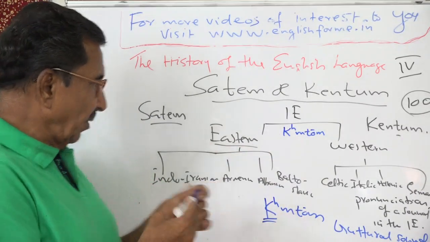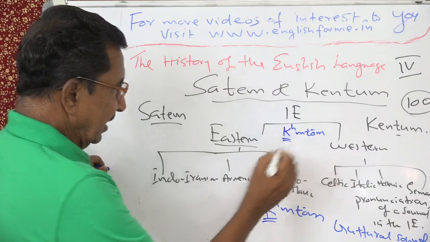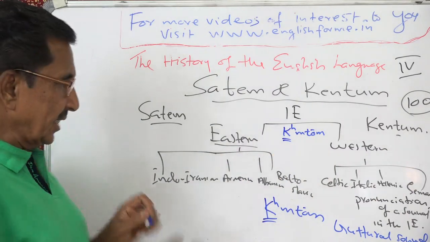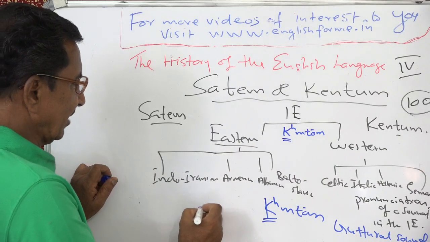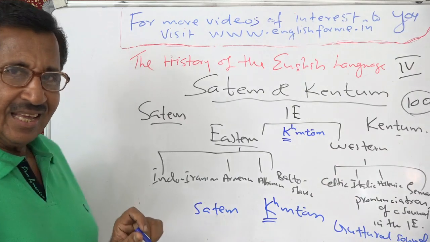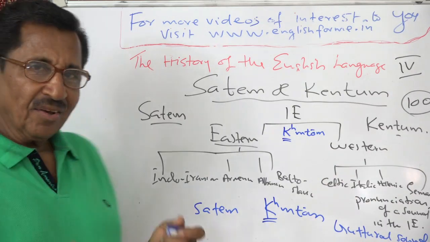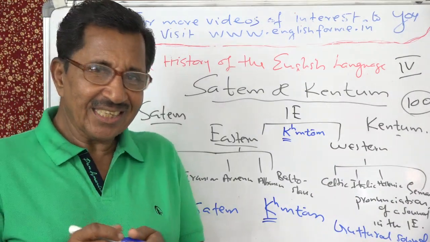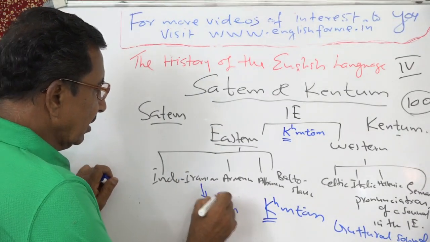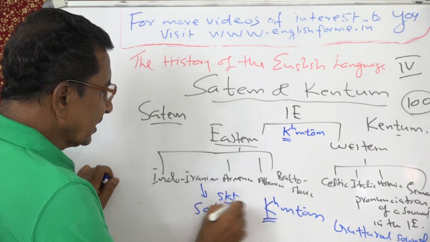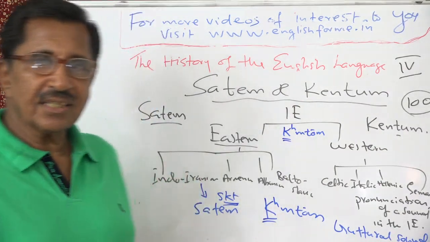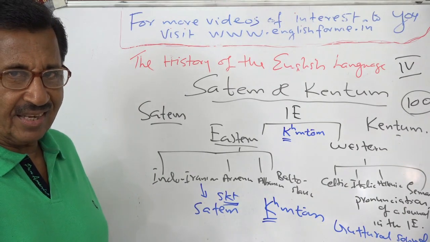Now in the Eastern branch also you have the word meaning 100. The Eastern branch is the Satem branch. From where did you get this? From Indo-Iranian, that is the Sanskrit word. SKT means Sanskrit. So in Sanskrit, the word meaning 100 is Satam.